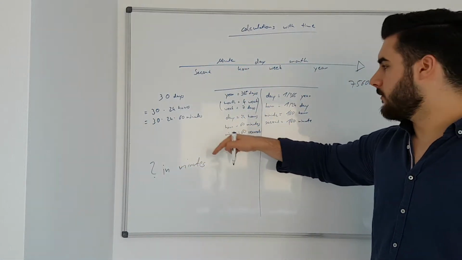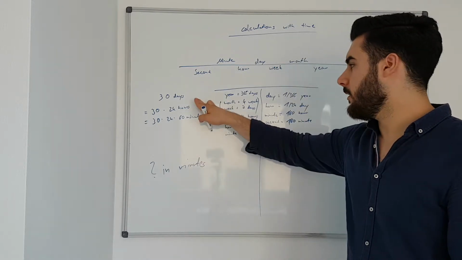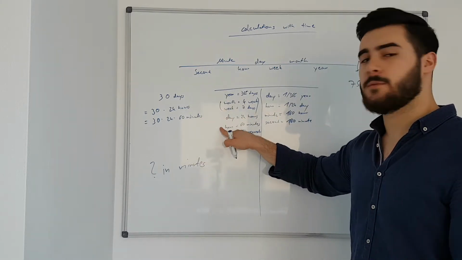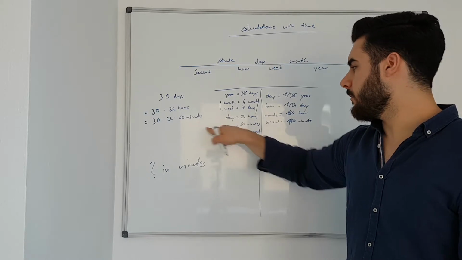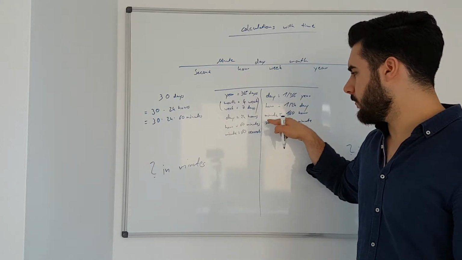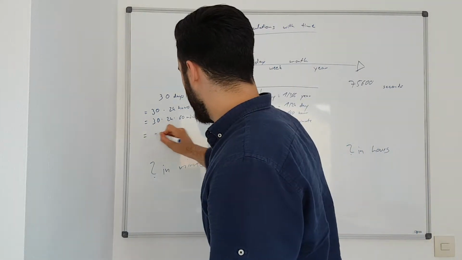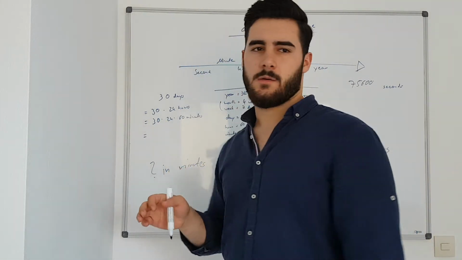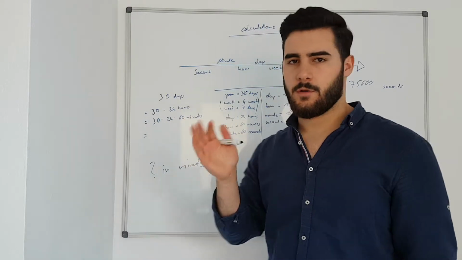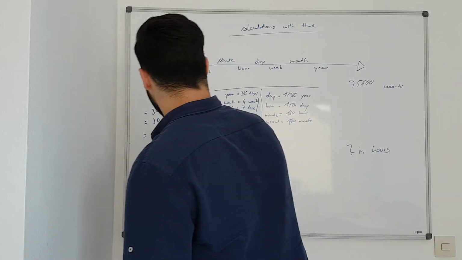As you've seen, if we wanted 30 days in hours, we would have stopped here. However, we want it in minutes, so we use this step as well, and we get roughly 43,200 minutes.